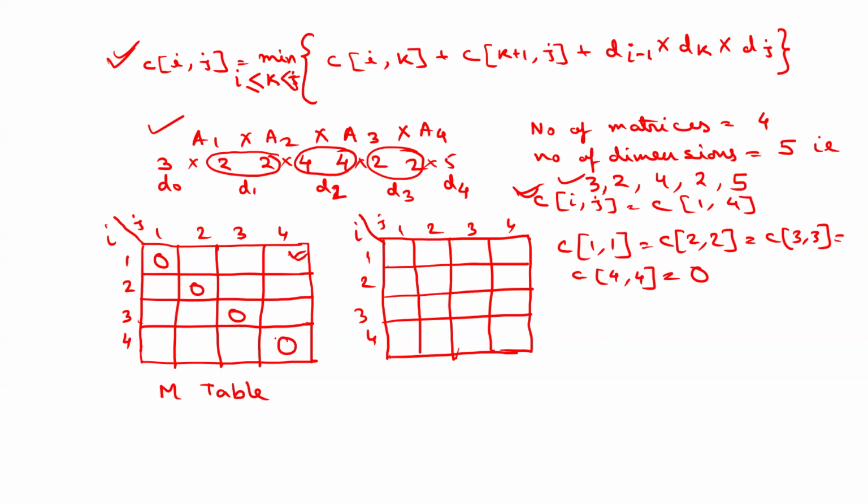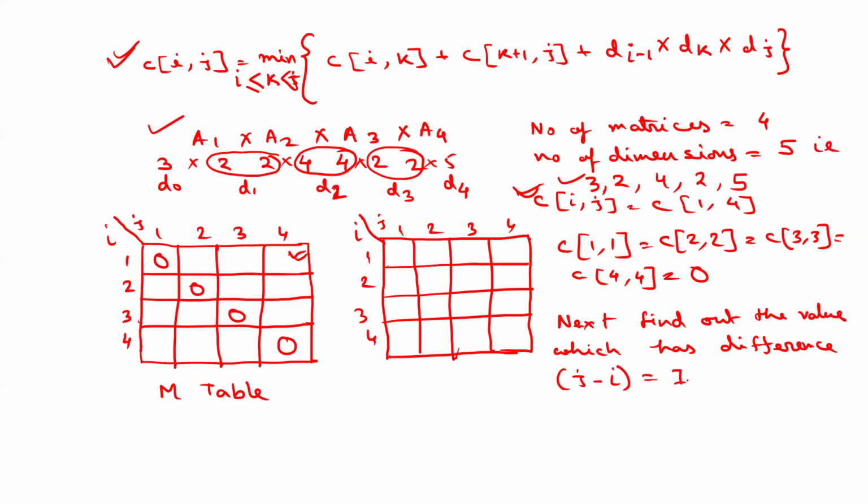Next, we find the values which have difference j minus i equals 1. So next we will calculate these cells: 1,2, 2,3 and 3,4.